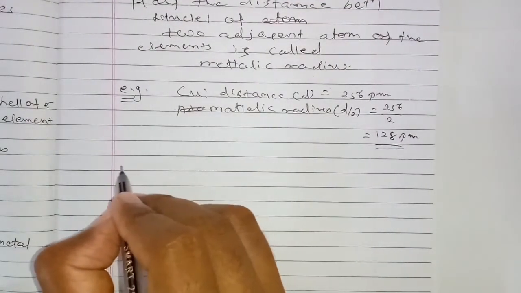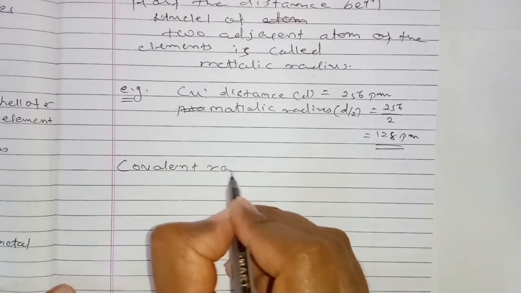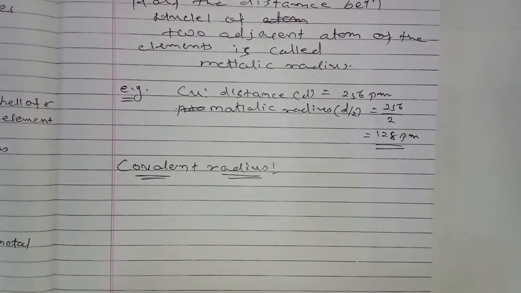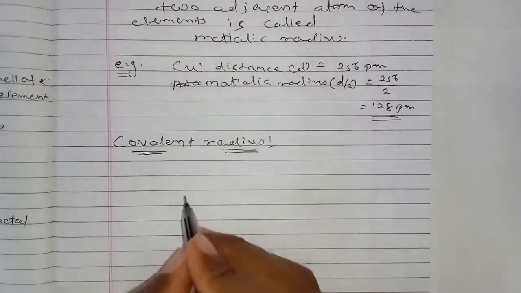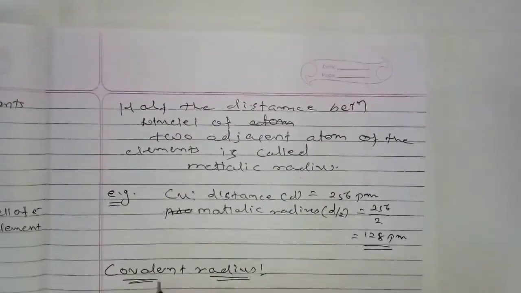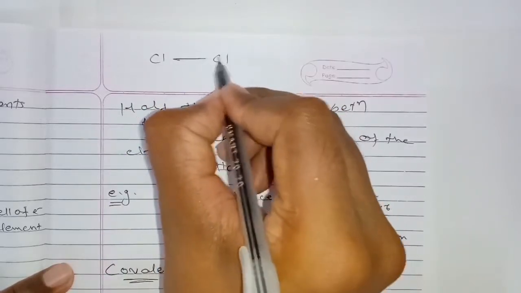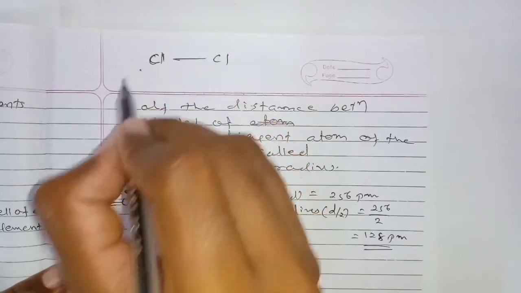Now let's see about covalent radius. Here the covalent bond is formed between two atoms of the same element.